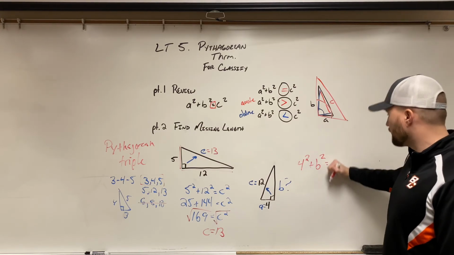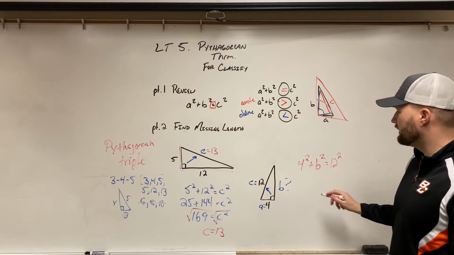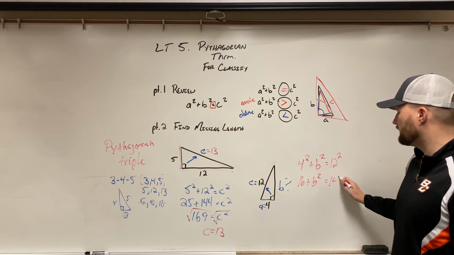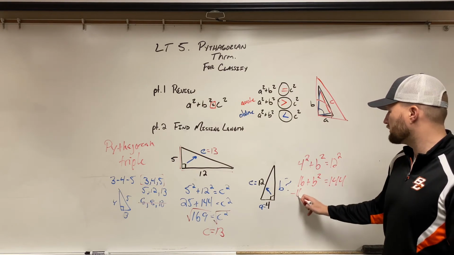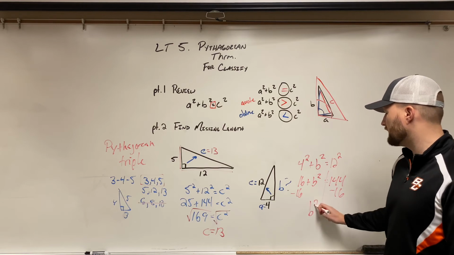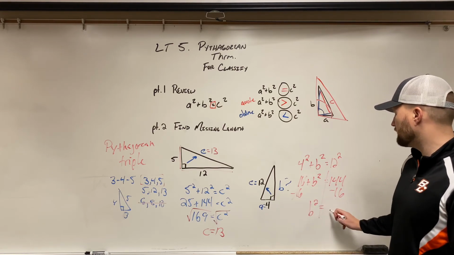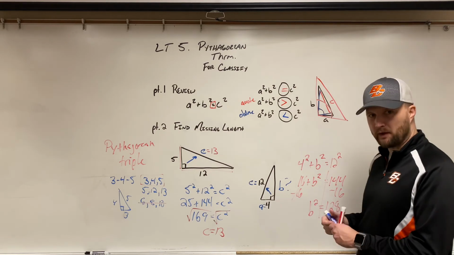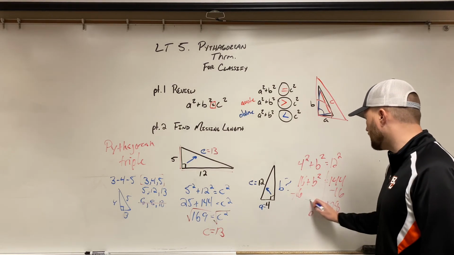Sorry, equals 12 squared because we do know c. So 16 plus b squared equals 144. So I'd have to subtract the 16 from both sides to get b squared by itself. So that would equal 128. We take the square root of both sides like we often do.